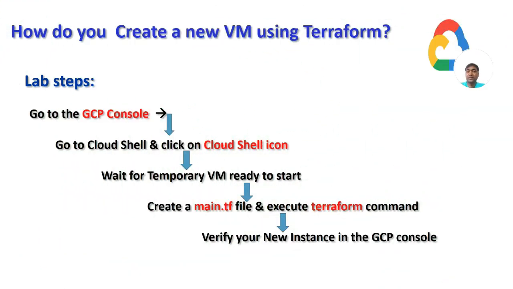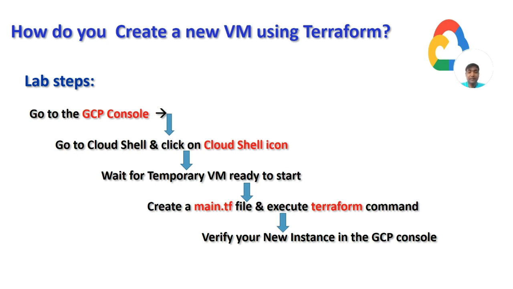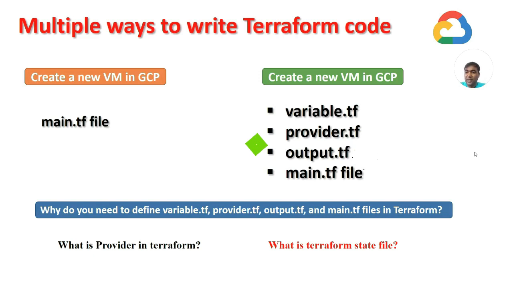Guys, as you can see here, these are the steps that you can follow to create a new VM using Terraform code. Before switching to the GCP console page, I'll explain how to write Terraform code and the important Terraform files. Guys, you can write Terraform code in multiple ways to create a new server in Google Cloud Platform. I write Terraform code in two ways.